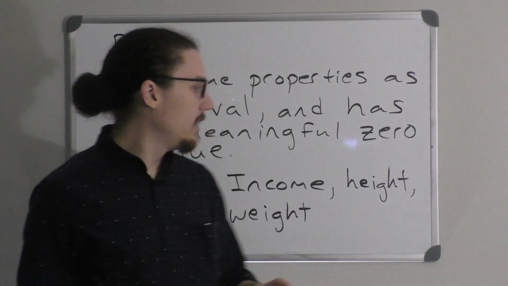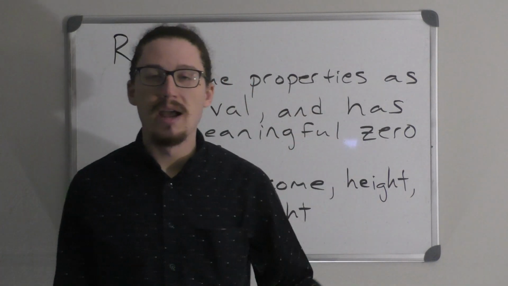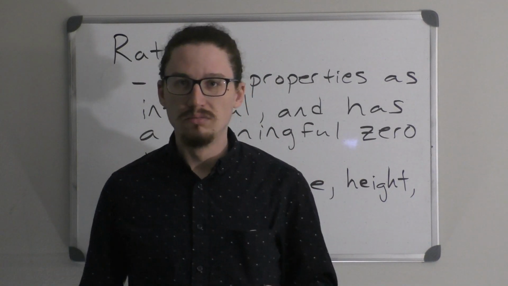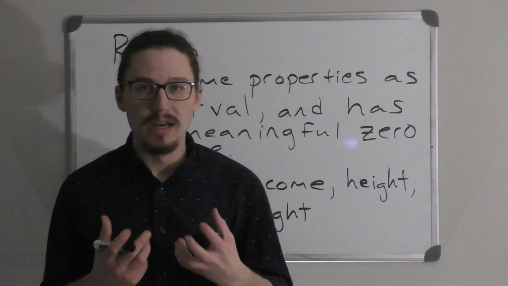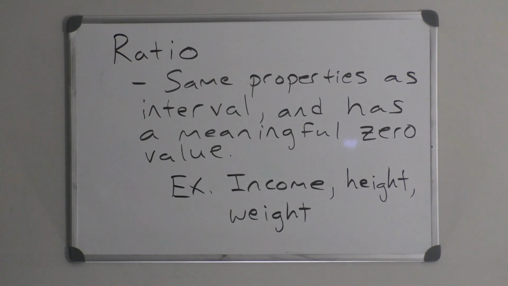If the height of something is 0, that's the same for any of those units of measure. Same with weight, whether we're using ounces, grams, kilograms, pounds, or tons, 0 is 0 regardless. So it does have that meaningful zero value.